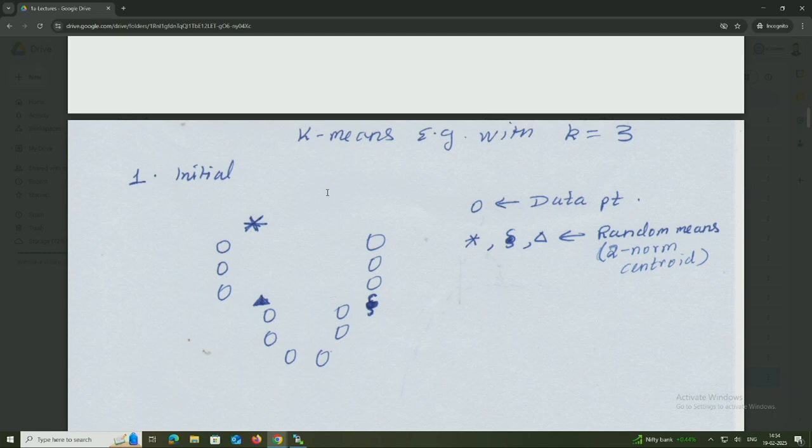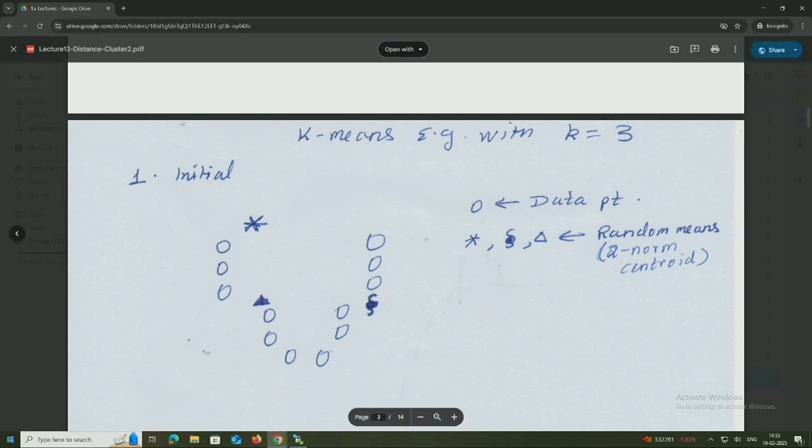We have no idea absolutely. So we start with any three random points. In space, you give any three random points, which are shown with the triangle, the tilde and the star. Now what the algorithm does, it tries to minimize the scatter. For every circle point, it tries to find which randomly initialized mean is closer to me.